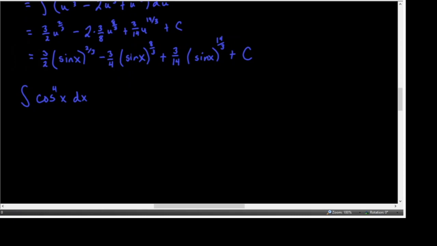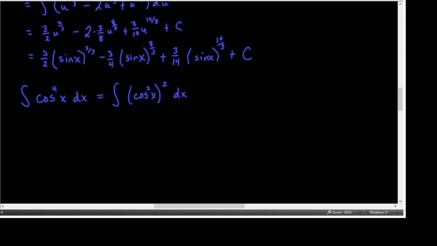So the first thing we're going to need to do is to rewrite this as cosine squared, kind of like the other problem we did, raised to some power. And of course, squaring cosine squared gives us cosine to the 4th.